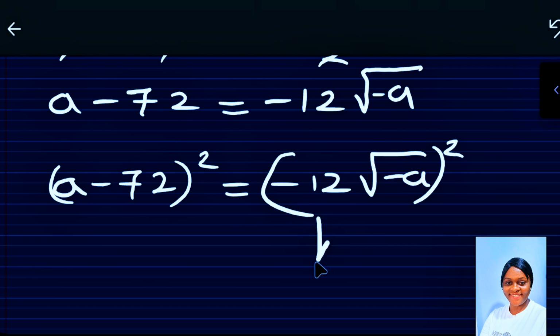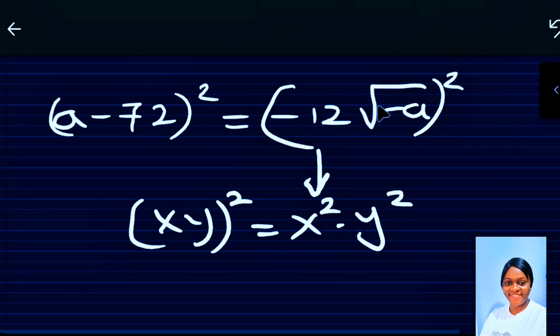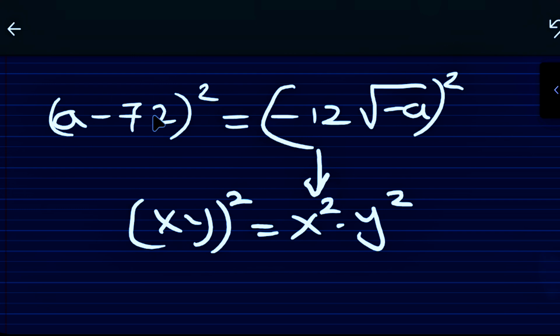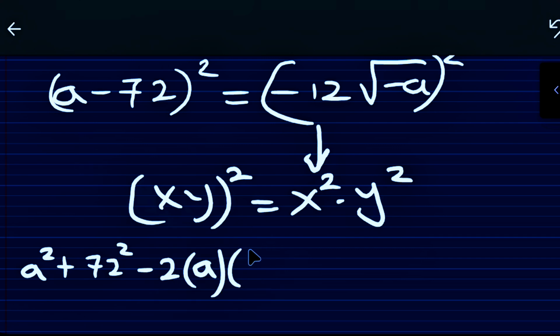Now this right hand side is of this form: x times y squared, and this equals x squared times y squared. We did something like this before. So in this left hand side, we are just going to have a squared plus 72 squared, then minus 2 times a times 72.